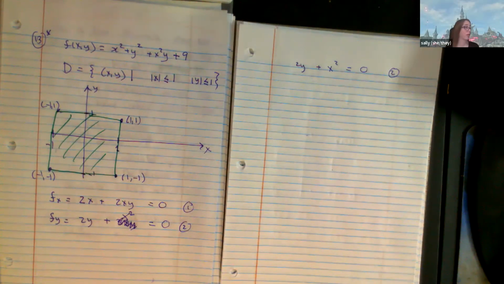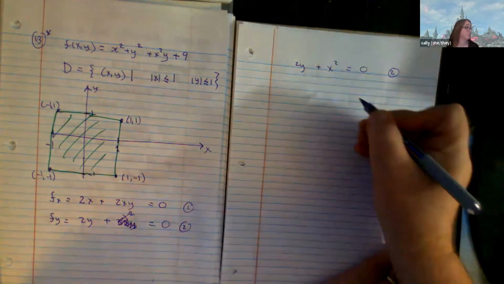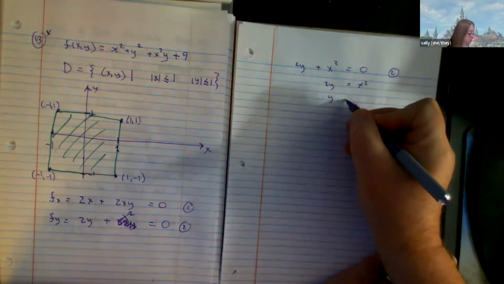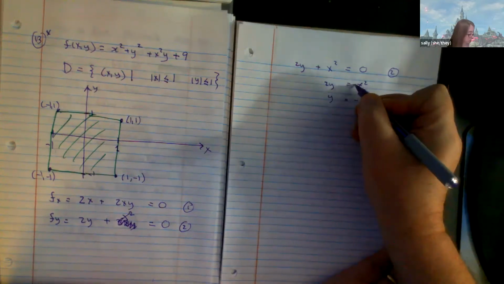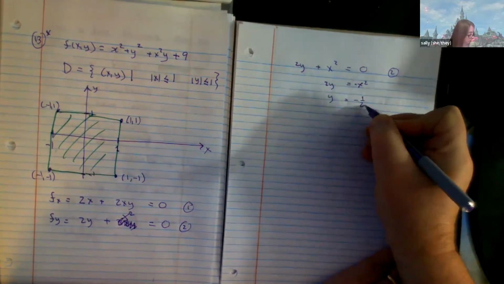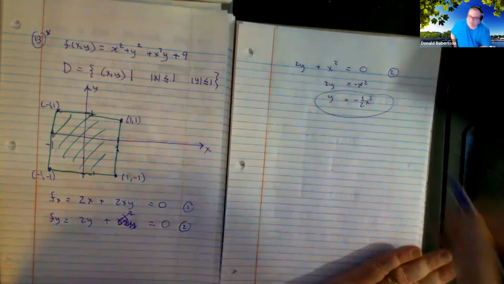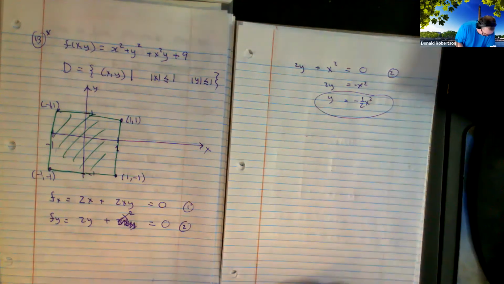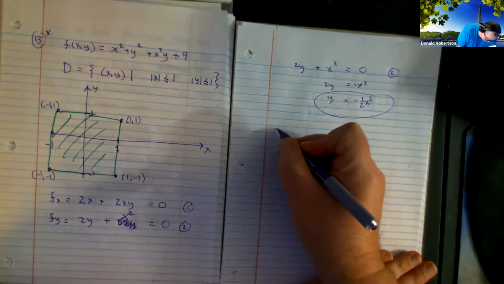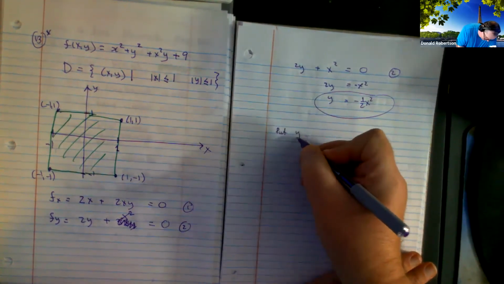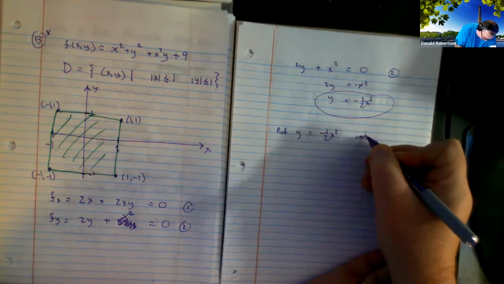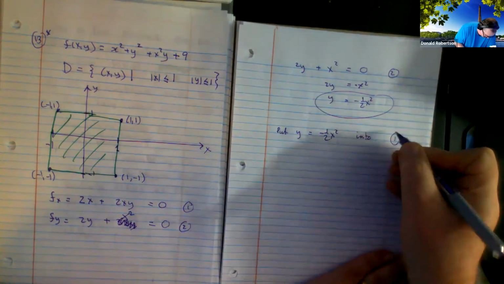So we solve that for y. Basically, I'm going to do a substitution technique. So I now am going to put y equals -1/2 x squared into equation 1.